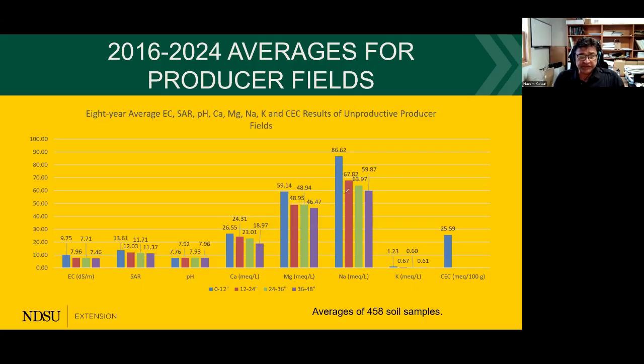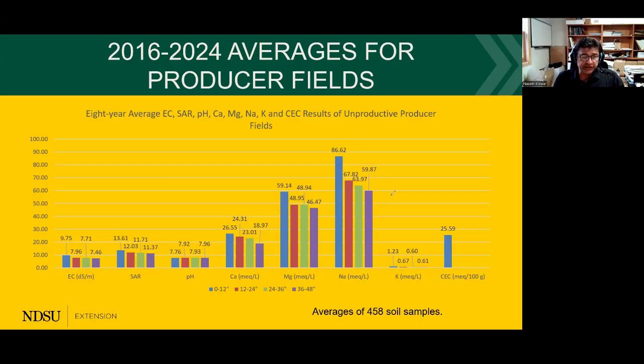So here are some average results. These averages are for 458 soil samples from 2016 to 2024. So what happened to the soil results from 2012 to 2015? I wasn't very organized when I started this job. So I take responsibility for that. But if you look at the average results of the first 12 inches, the average EC of 458 soil samples, saturated paste, is 9.75.